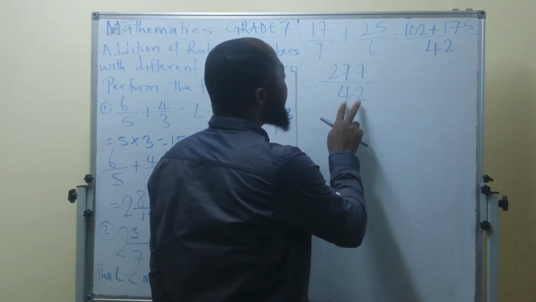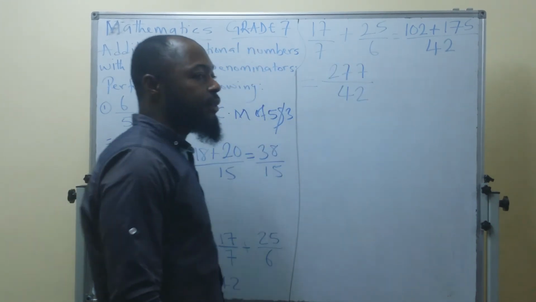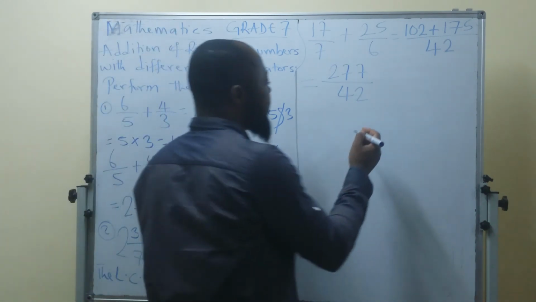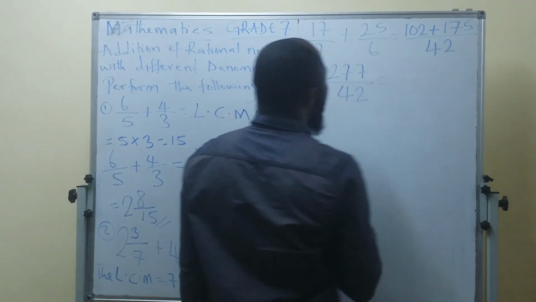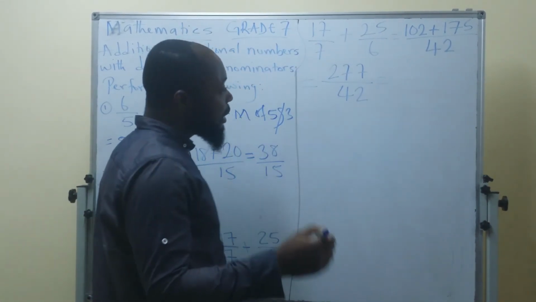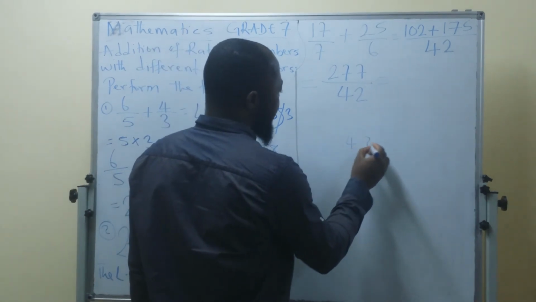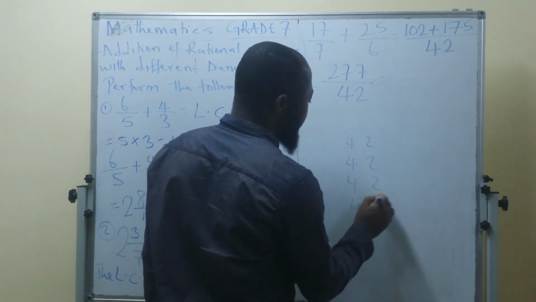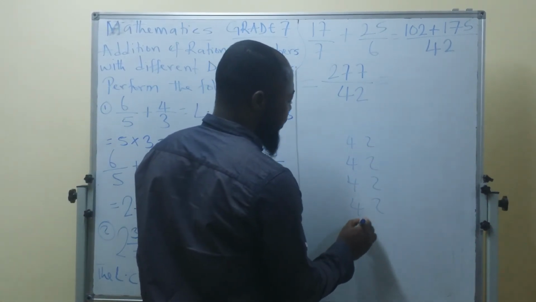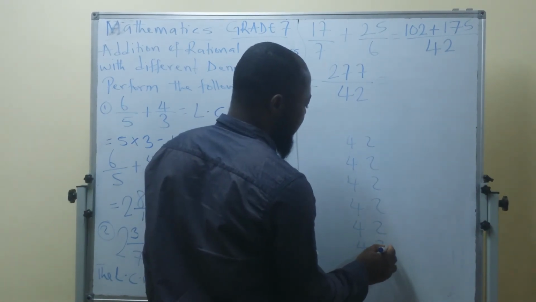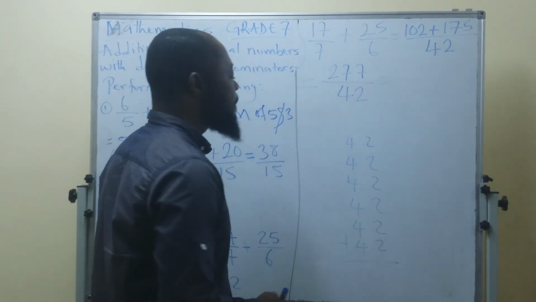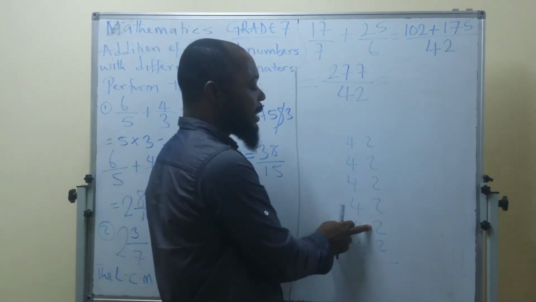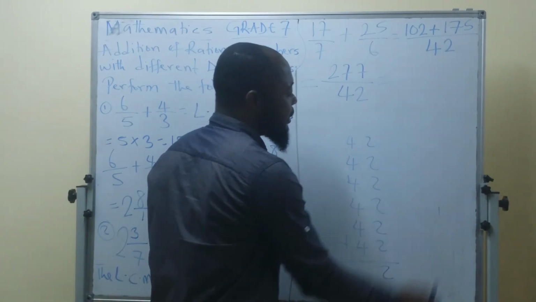So now, what to do? Try to find how many 42 we can get from 277. Let's try this and see. If you cannot get it the easy way, the other way of getting it is you start to count your 42 like this, then you add it together. 1, 2, 3, 4, and let's make it up to 5, let's make it up to 6 and see what it will bring. So 2 plus 2 is 4, then 6, 8, 10, 12. 12, you write 2, then take away 1.